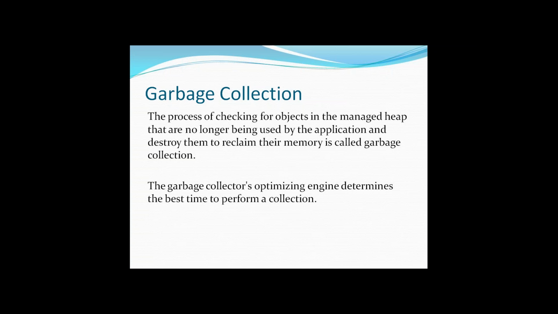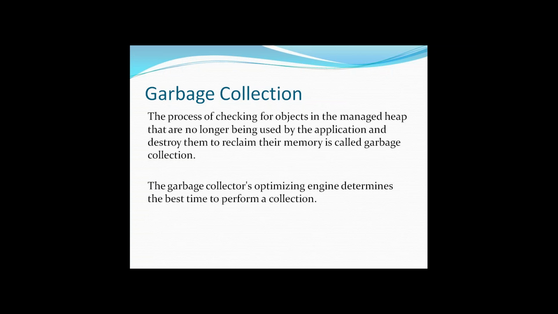So this kind of unreferenced objects are of no use, and they'll start using your heap memory unnecessarily, so they should be destroyed, right? So this process of cleaning up your heap memory and removing the unreferenced objects from it is called garbage collection. Fine.